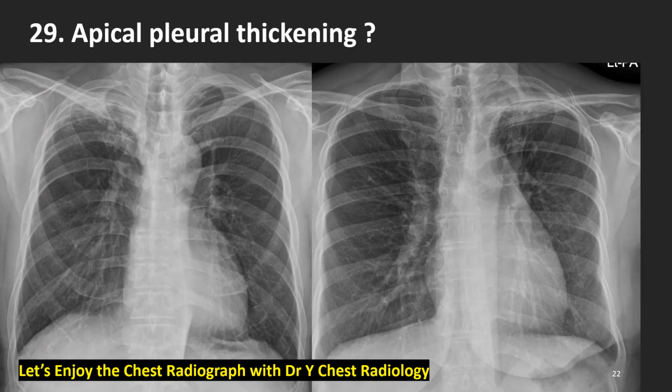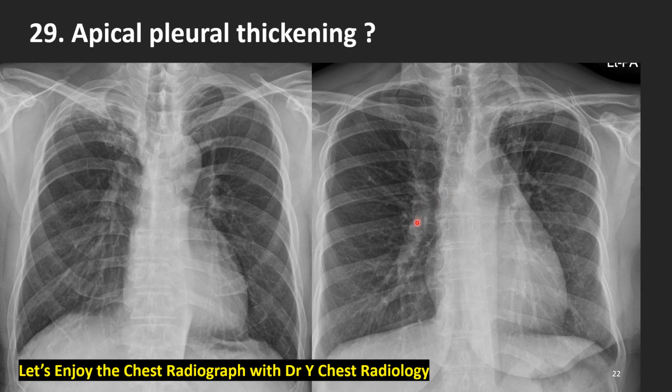How about these two other cases? Left side is a man. Please look at his right apex. Right side is a woman with deformed breast after breast operation. Please look at her left apex. Yes, the left hilum is elevated.